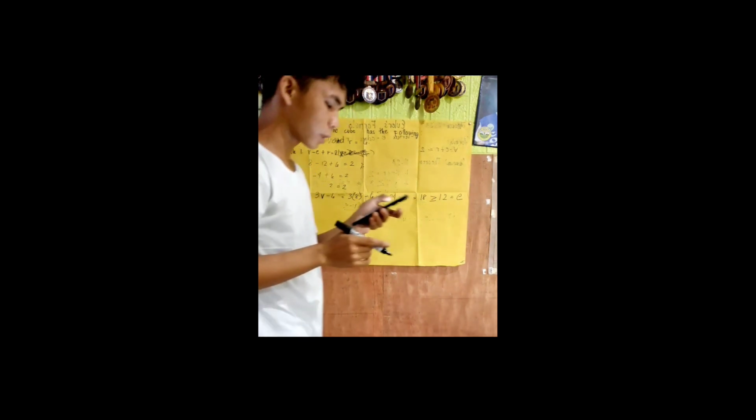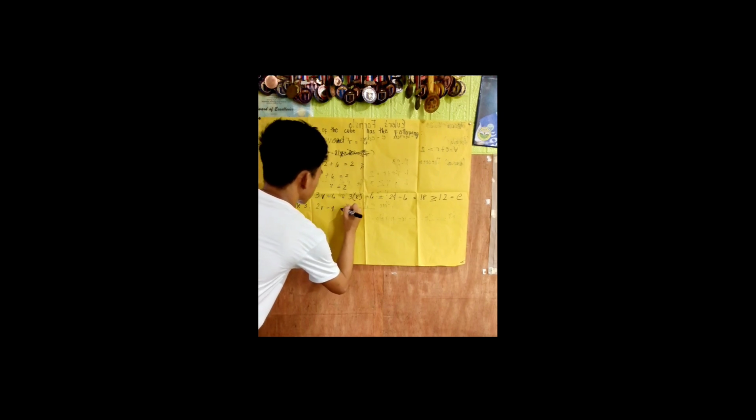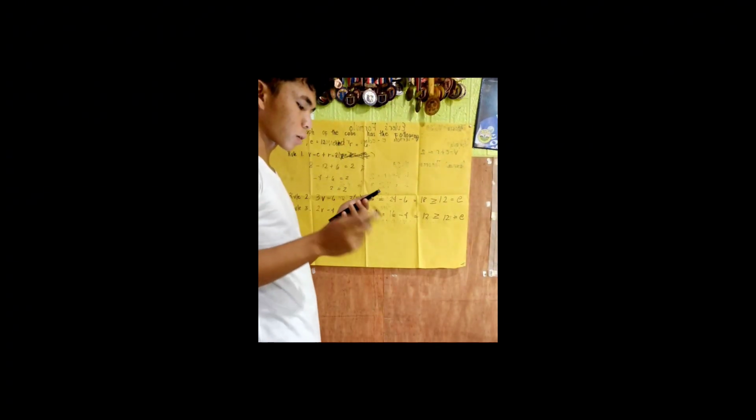We use the formula 2B minus 4: 16 minus 4 is equal to 12. Since all the rules are satisfied, we can see that the cube is planar.